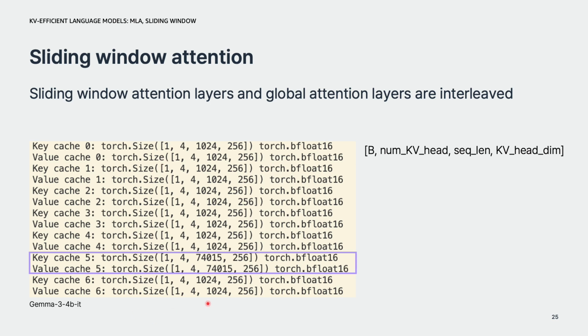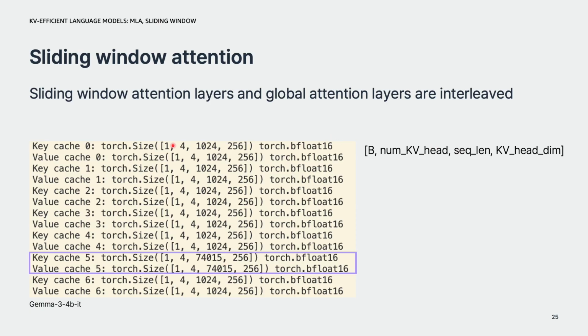And this shows the result for Gemma 3 4 billion. And this dimension 2 represents the sequence length. And as you can see here, for layers 0 to 4 and also layer 6, the sequence length is 1024, while for layer 5, the sequence length is 74,000.